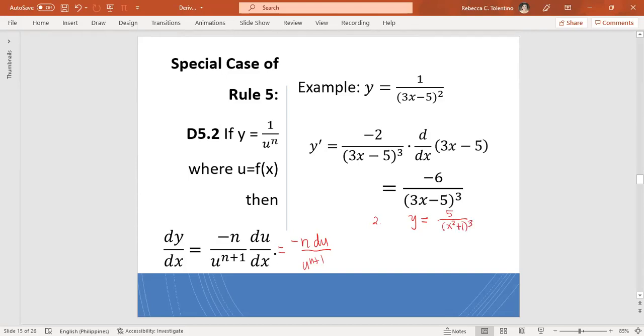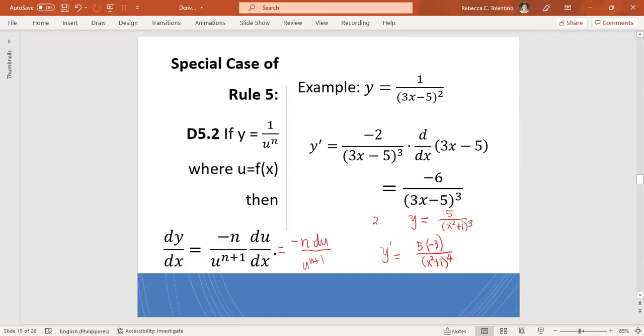So our dy over dx, in the denominator, you automatically write x squared plus 1 to the 4th power. So that's u to the n plus 1. Then, of course, we copy the constant 5 and multiply that by the negative of the original exponent. This is 3, so we will multiply that by minus 3.